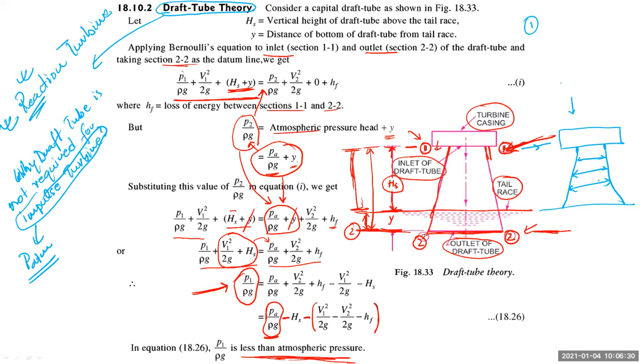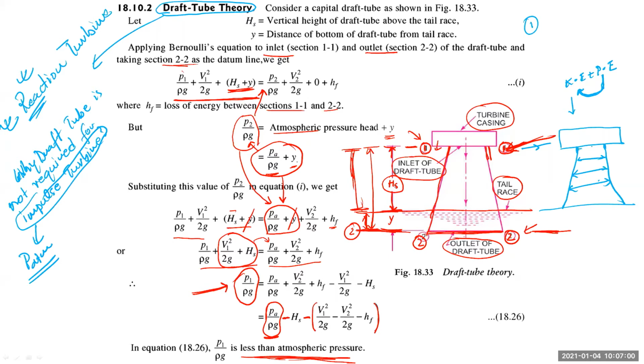At the inlet, you have both kinetic energy plus pressure energy. The spiral casing, volute casing, was there. In that, pressure energy gets converted into kinetic energy, because the cross section is reducing in nature for the spiral casing in a reaction turbine.